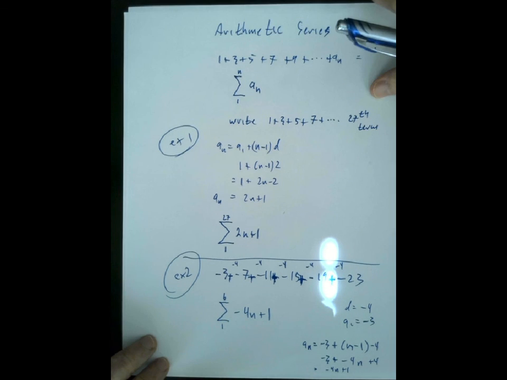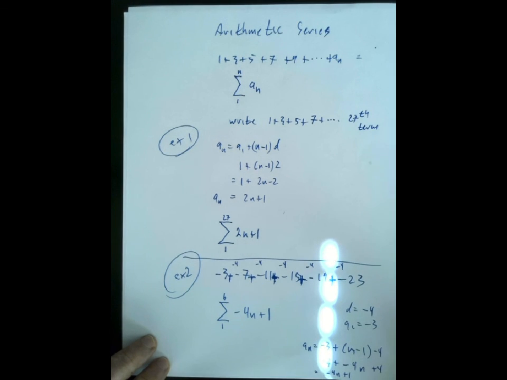It turns out we've got a couple of formulas that we can use to find the sum of an arithmetic series. I am not, at this point, going to develop this formula.